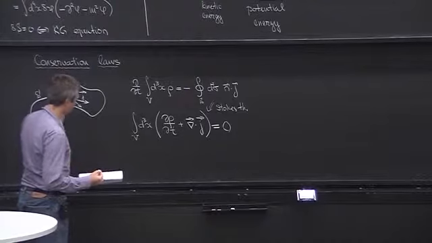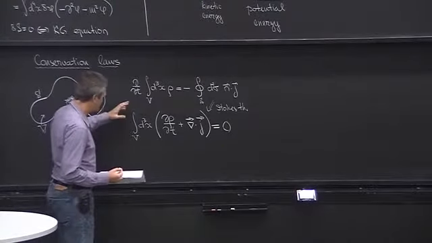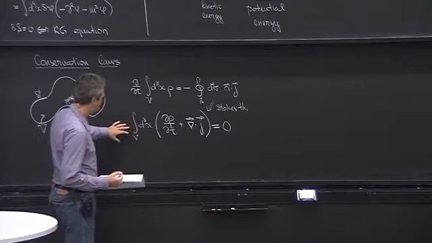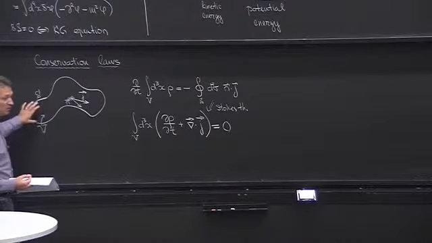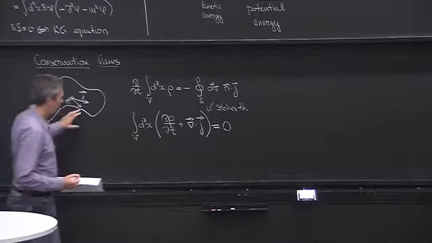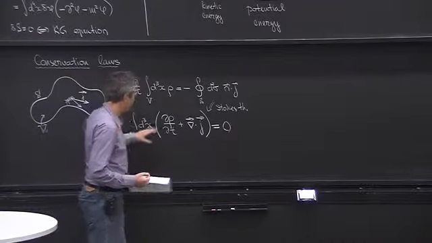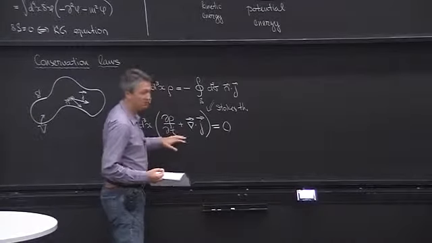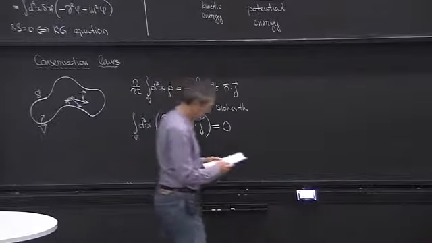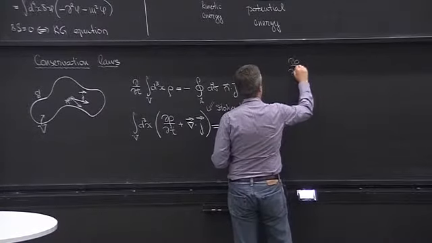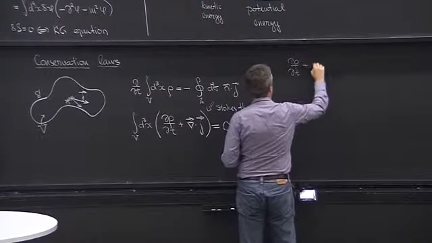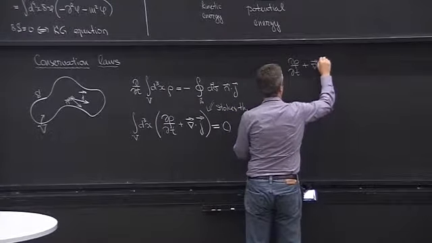But now it's clear that this equation was derived without any reference to what this volume was. We could have taken it arbitrary, which means that the only way for this to be zero is that the integrand is zero. So the conservation law can then be written in completely local form.